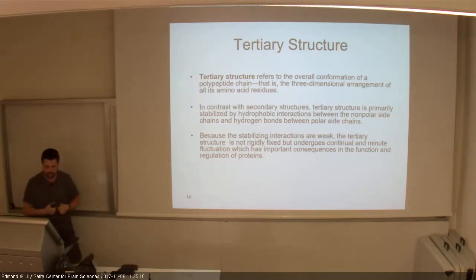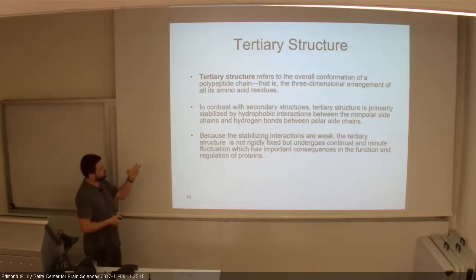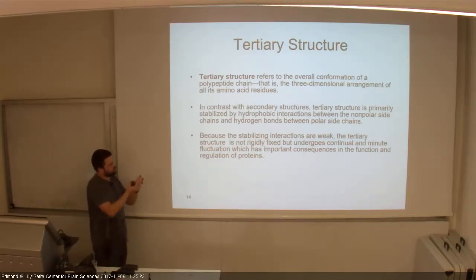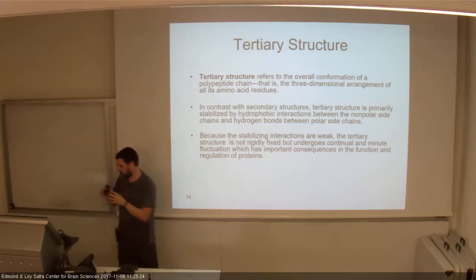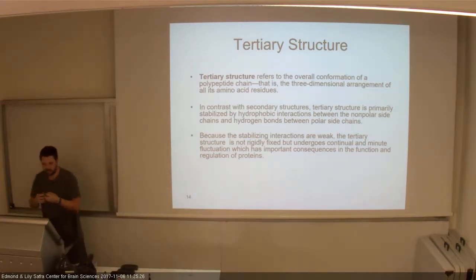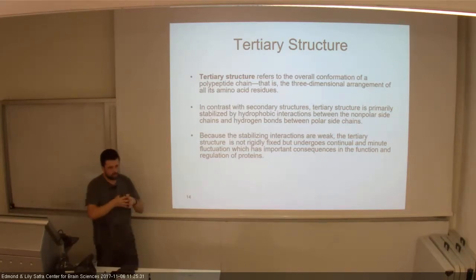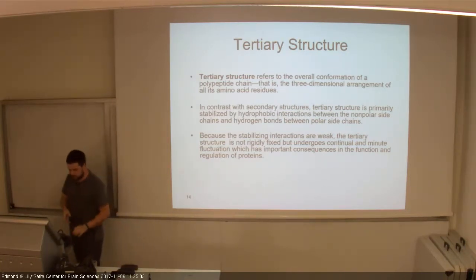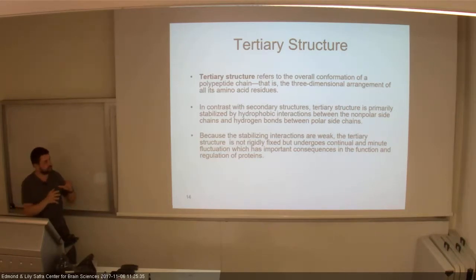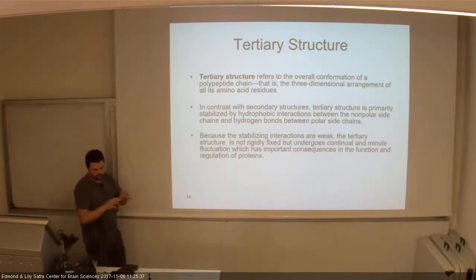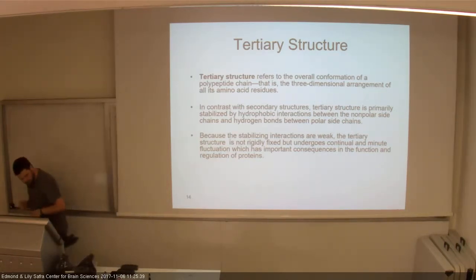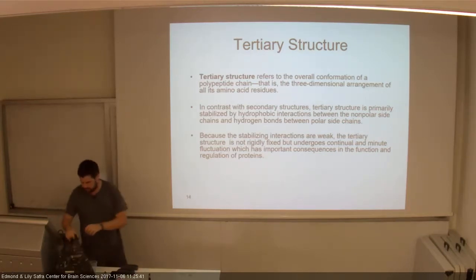And a lot of the time, this folding will not be very rigid, and the interactions that induce this folding will be relatively weak. So what you'll get, and this is a very important thing to remember, is that the protein, and I have here an illustration of a protein that I made.